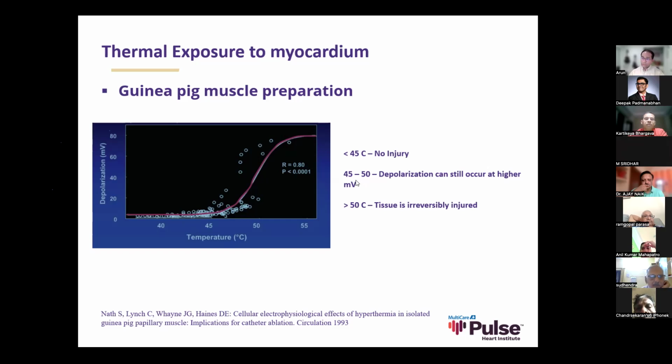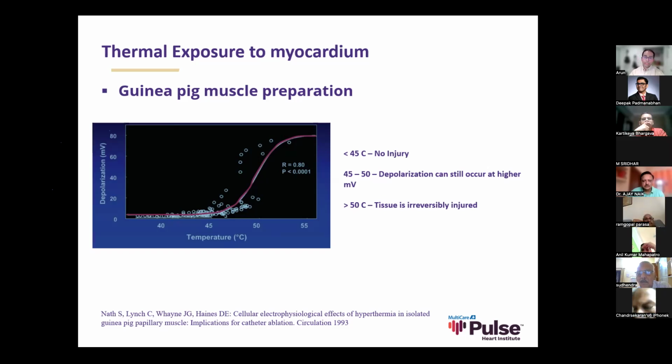When you heat a tissue to 45 to 50 degrees, there is a good amount of injury, but depolarization can occur if you give a high amplitude electric current. If you give a higher millivolt, you can still depolarize, meaning the tissue injury is not reversible. But once you reach 50 degrees Celsius, the tissue is irreversibly injured, durably injured.